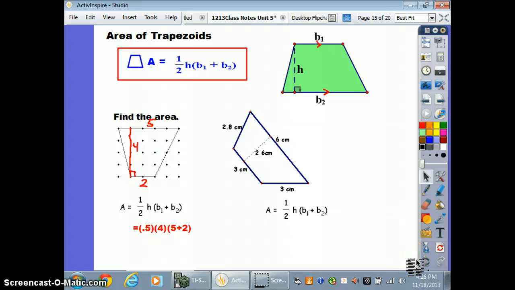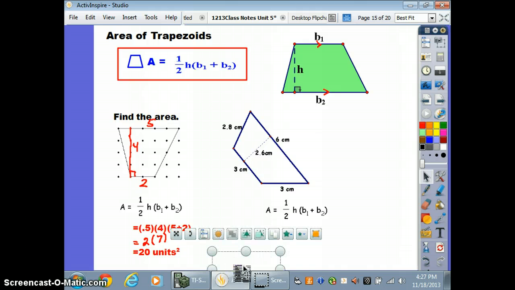Okay, so let's work that out. Half of 4 is 2. And 5 and 2 is 7. So it looks like the area is... What's that say? 20?